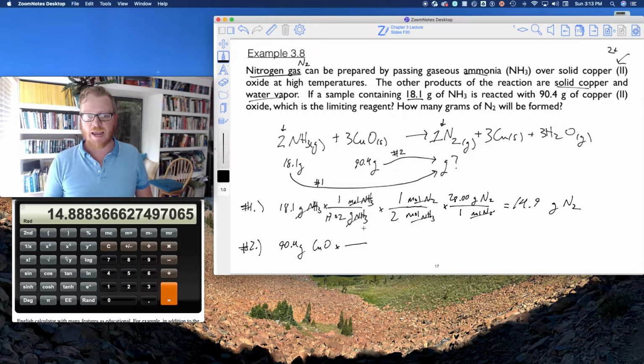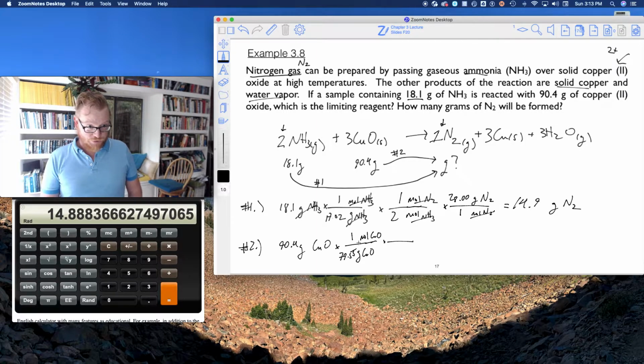So I can follow this same kind of pattern where I know I'm going to have to convert grams of copper 2 oxide into moles of copper 2 oxide. And we know from the periodic table that there's 79.55 grams per mole of copper 2 oxide. So prove this to yourself. Prove that you can get that molar mass, okay? And then I know the grams and the grams are going to cancel. And then now following the same pattern, I know I want to convert moles of copper 2 oxide into moles of nitrogen.